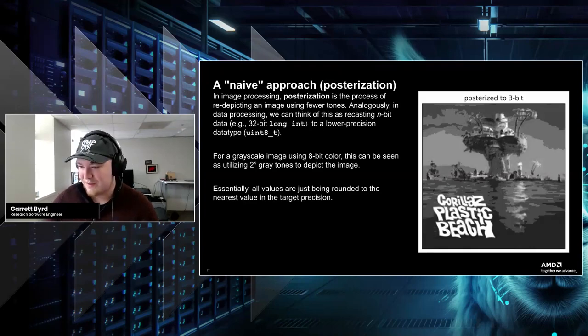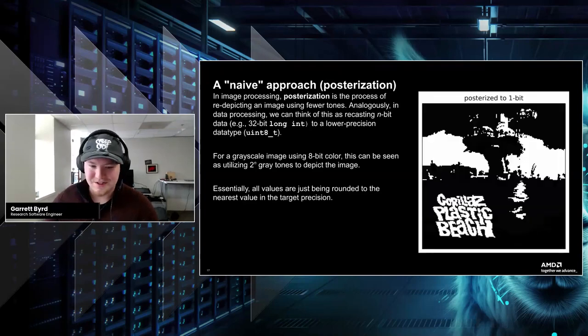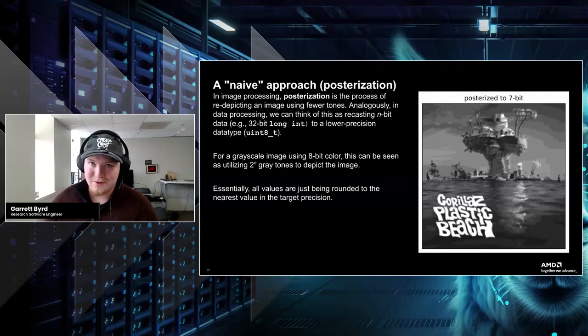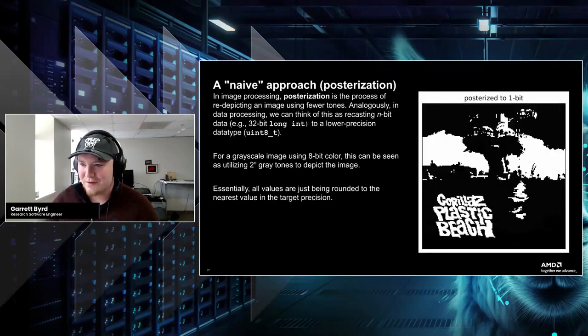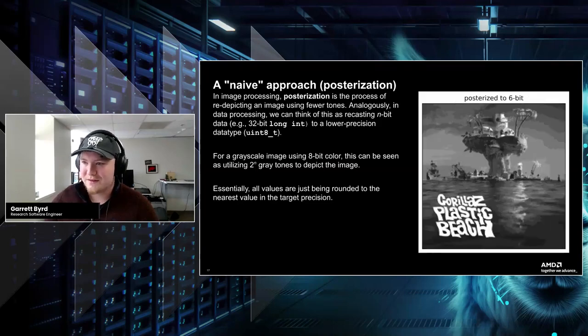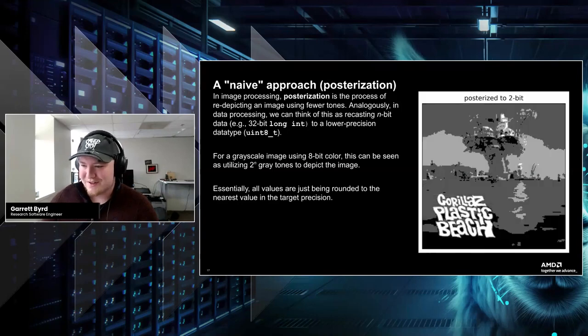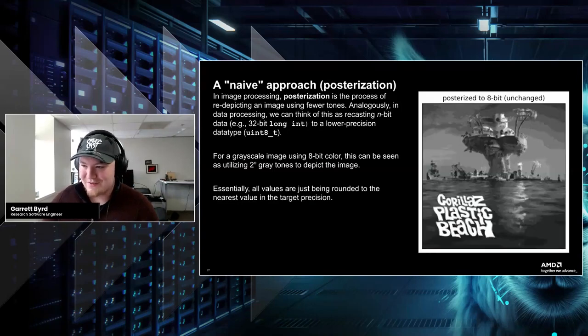So traditionally, if we go from 64-bit to 32-bit or 32-bit to 16-bit, you just round to which value is nearest in that new format. And that can work, right? It has its trade-offs. You can certainly see the information loss in the graphic as we reduce the bits, especially when it gets really low.